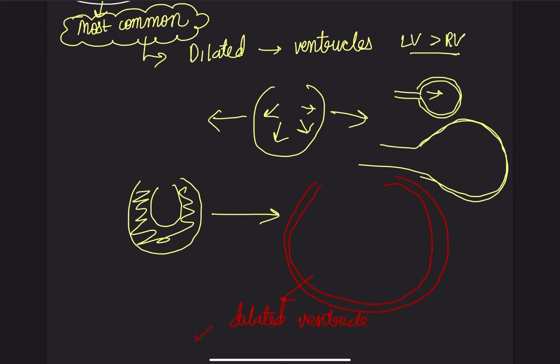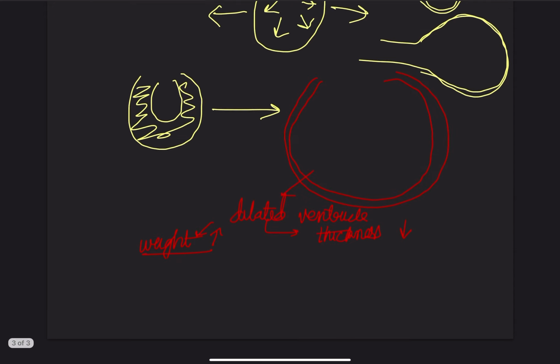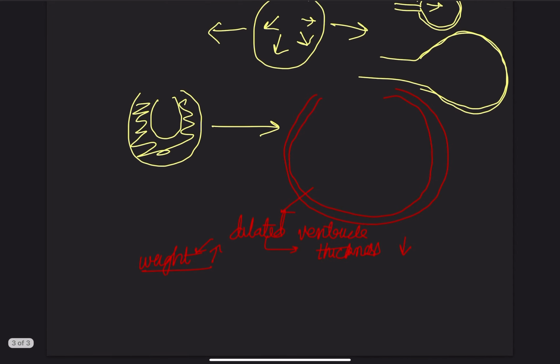So in a dilated ventricle, the weight will increase, but the thickness will decrease. Why does the weight increase? Because the capacity of the ventricle increases, so more blood collects in the ventricle, which is why the weight increases, while the thickness of the ventricle decreases.